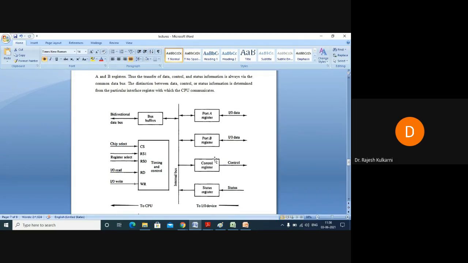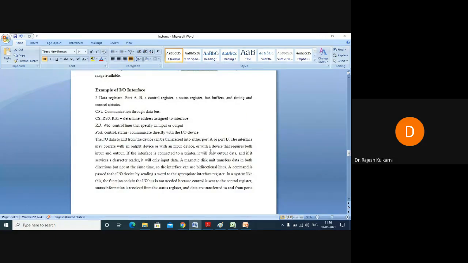This is an example of an IO interface unit.